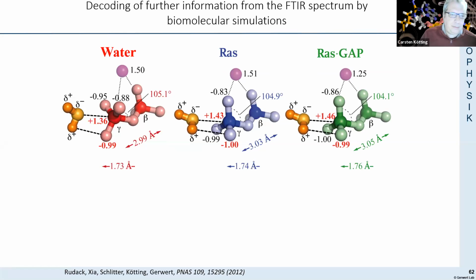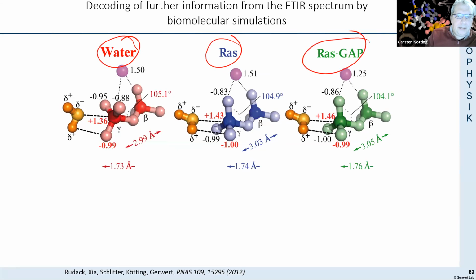Now if you look at RAS GTP in water, in RAS and in the RAS GAP, you see, for example, the difference of the beta and the gamma phosphate. So this is where the bond breakage occurs. It's getting longer in the cases where the reaction is faster. So this makes sense.